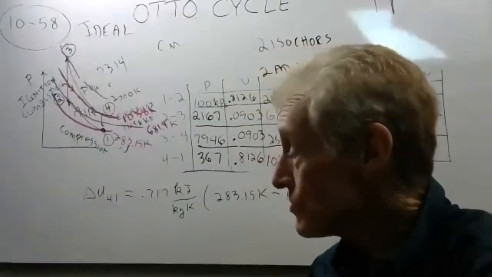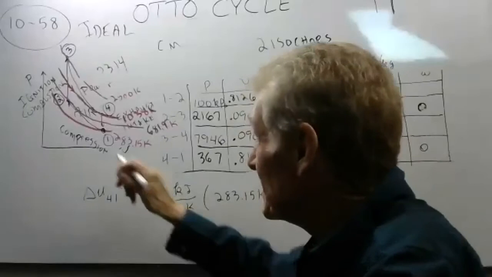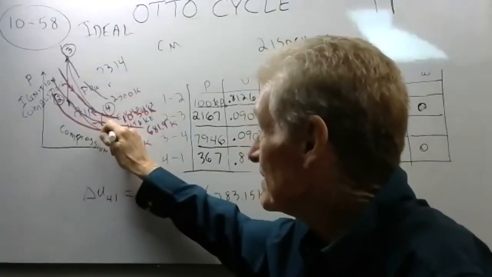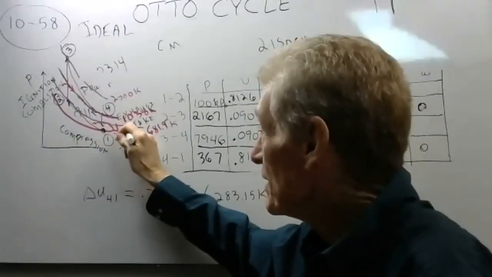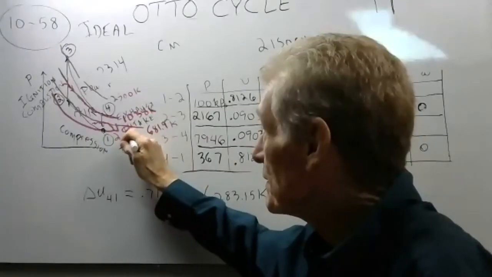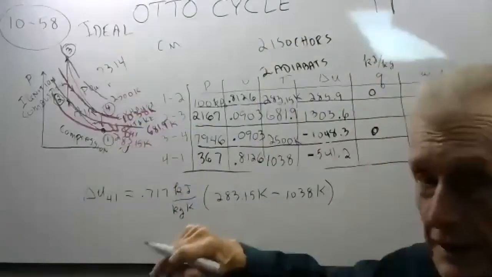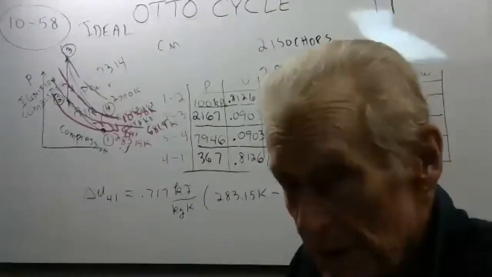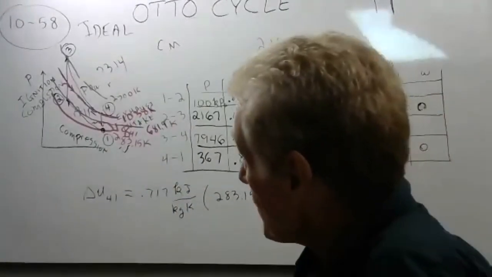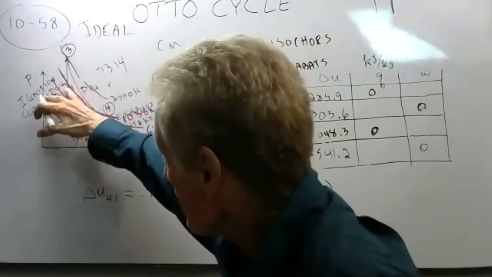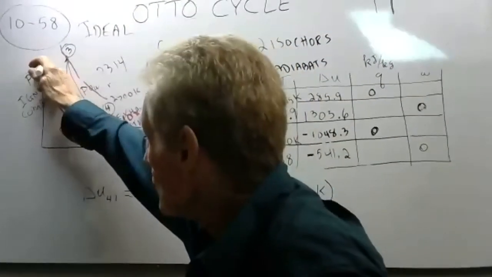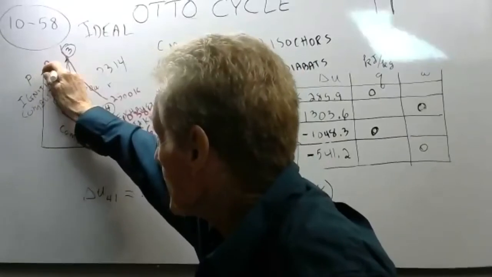Here, let me draw it for you. Right here, there's a heat transfer. I don't know if you can read my writing. It's getting awfully messy. But there's a heat transfer out. There's a heat transfer in here. That's Q23.